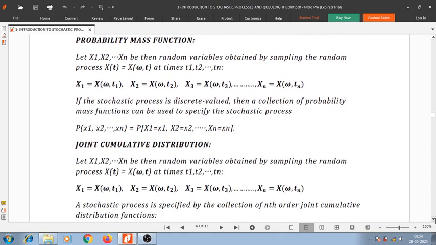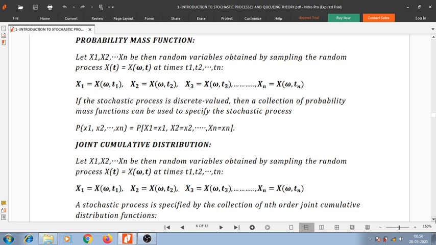Now coming to the probability mass function, probability distribution function or cumulative distribution function. What is the probability mass function of a random variable? P of x is equal to probability of capital X is equal to small x, called the probability mass function, under the properties of non-negativity and normality. Non-negativity means P of x is greater than or equal to 0 for all x.